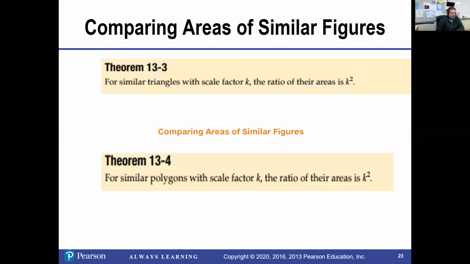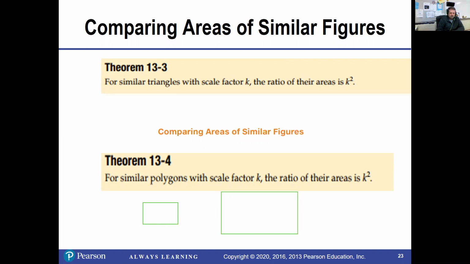So let's do a shape here. Good shape. Guess we'll do this one. All right, so if I have this shape here, and I have this shape here, they are similar.